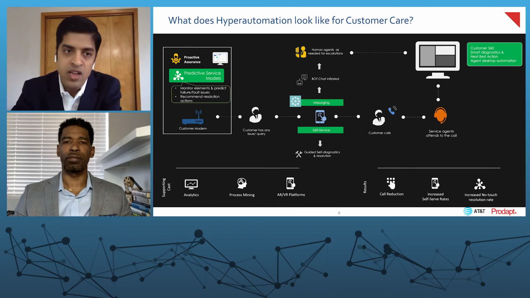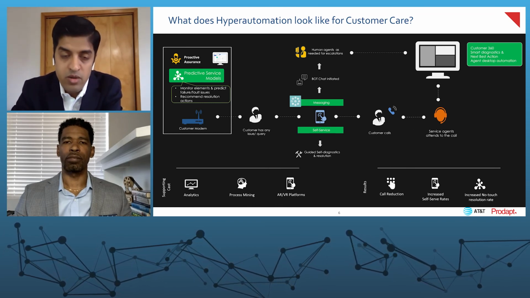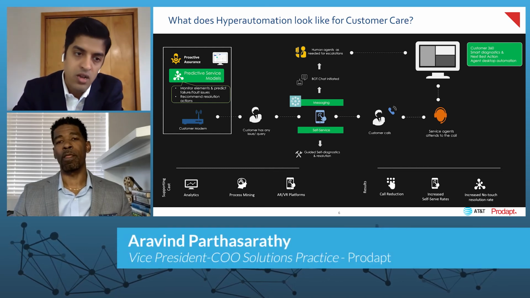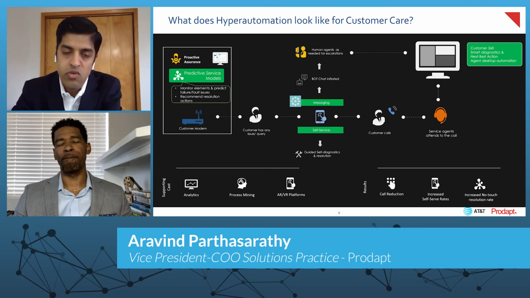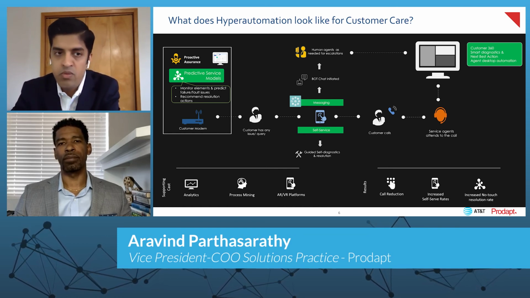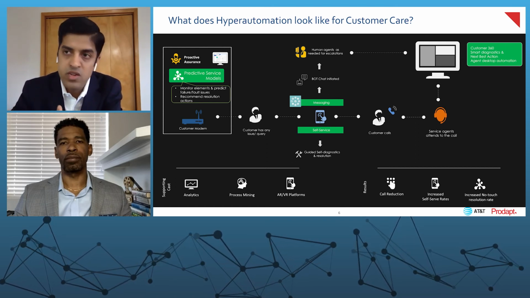And I know every operator has all of the network monitoring platforms in place, but oftentimes we still struggle to address the issue before the customer sees it. So our objective here is, before we receive that call from the customer saying, hey, I have a problem, we want to identify and hopefully resolve the issue.